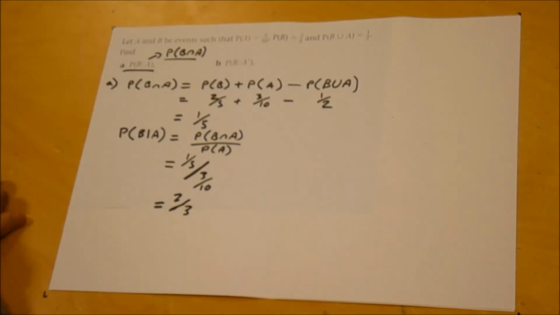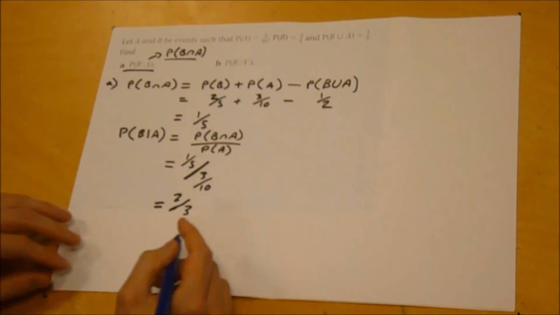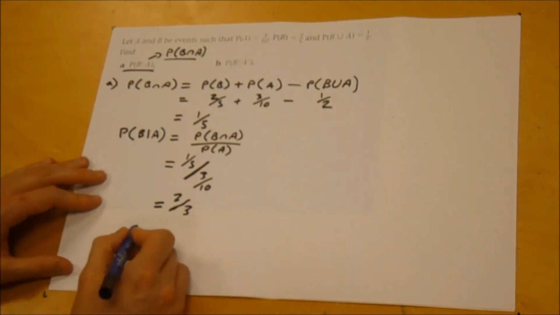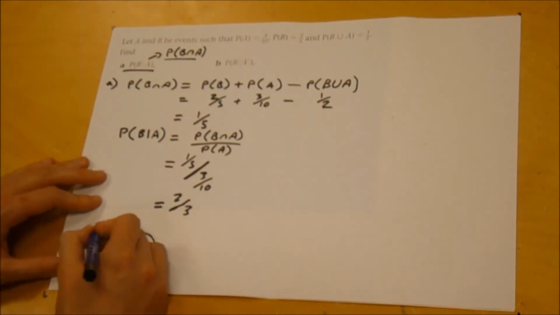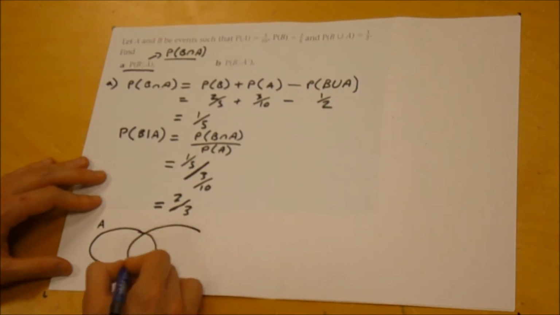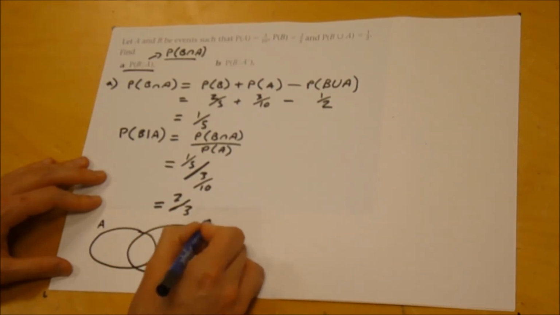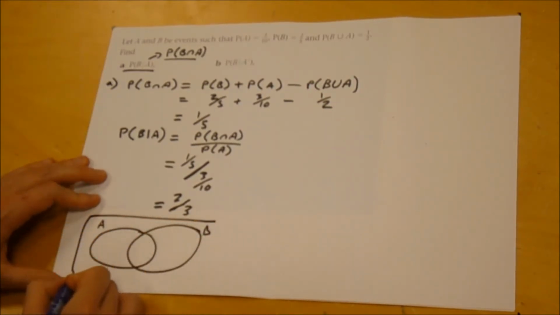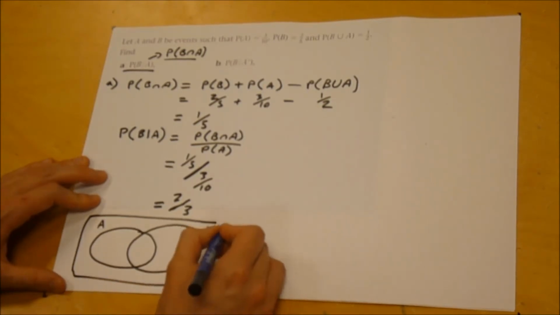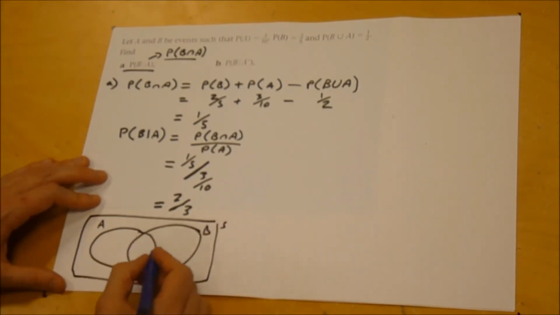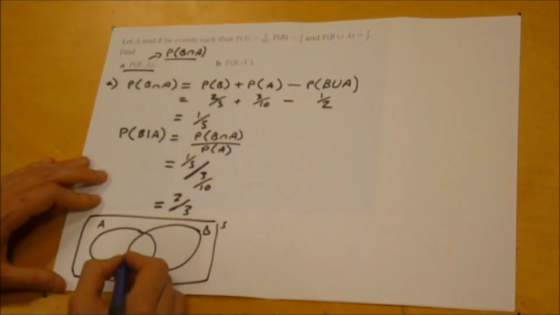For my part B, in this case I'm going to draw my Venn diagram again. I think if in doubt, sketch it out. So to draw my Venn diagram, I've got my event A, I've got my event B. I can work from the middle outwards. I know the probability of B and A, put that in the middle, that's 1/5.